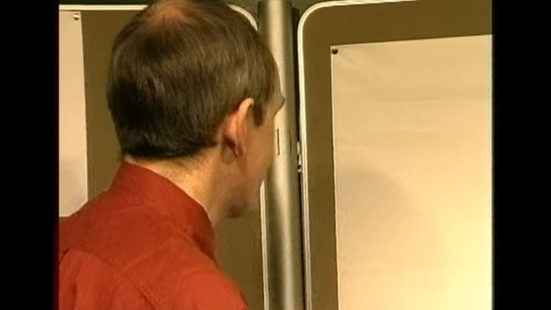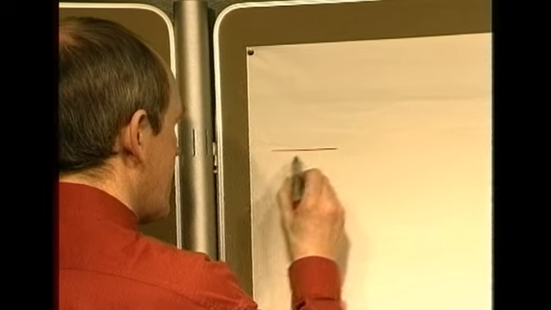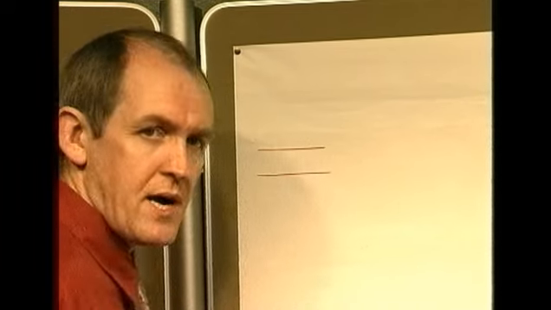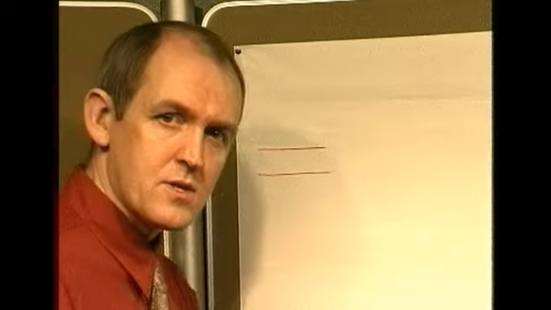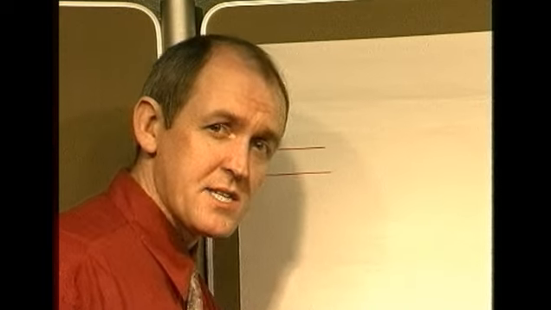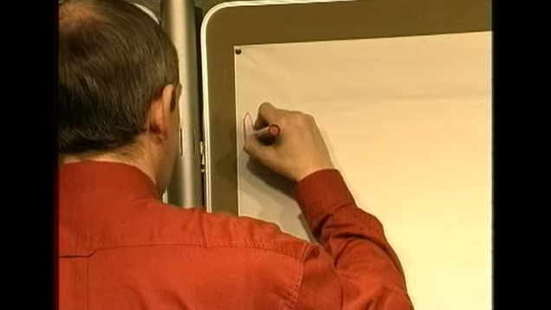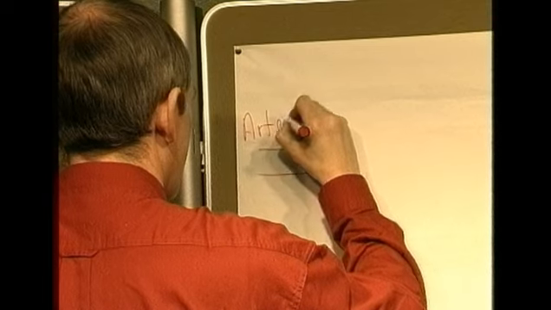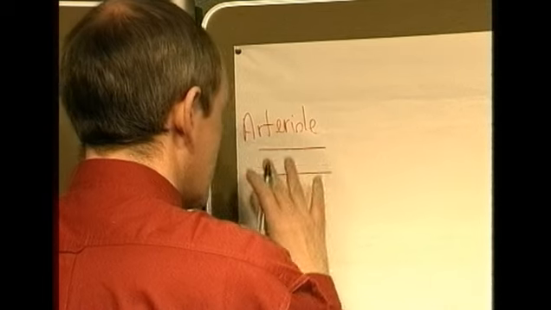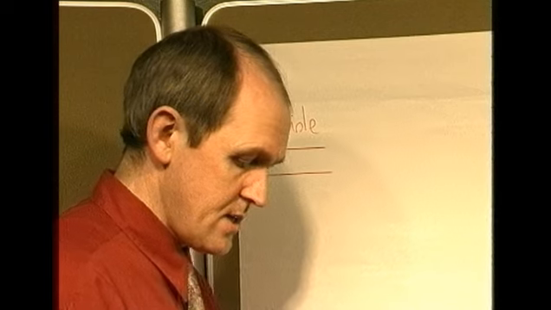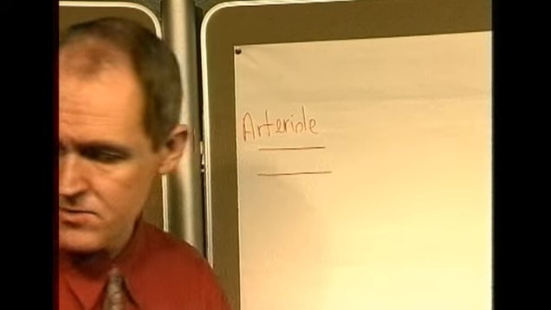Now we know that a group of capillaries is supplied with blood from an almost microscopic blood vessel called an arteriole. So the arteriole takes blood into a group of capillaries.